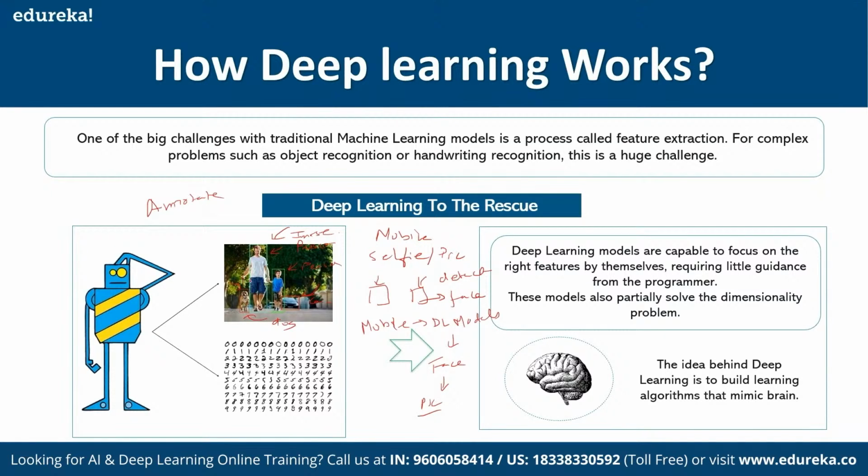So like this, we have suppose 1 lakh or 100,000 annotated images. We pass these images into a machine learning model or a deep learning model, and it learns from these annotations: this is how a person looks, this is how a dog looks, this is how a car looks.